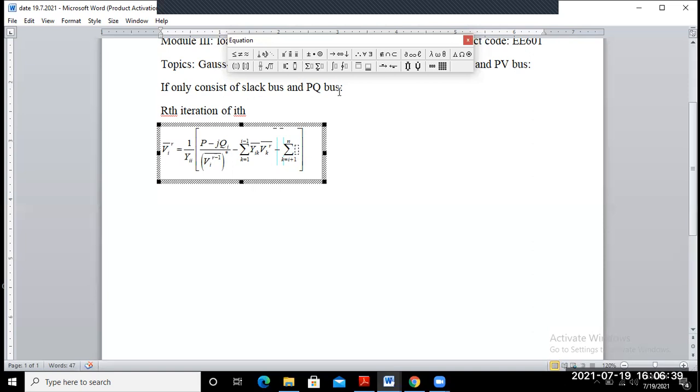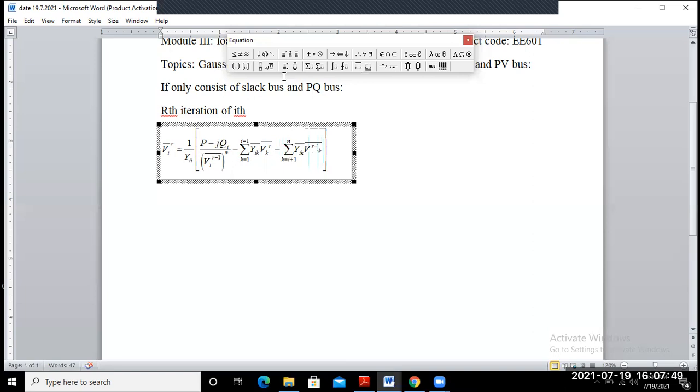That is the previous iteration value. So Vk to the power R minus 1. Here the variable is R minus 1.